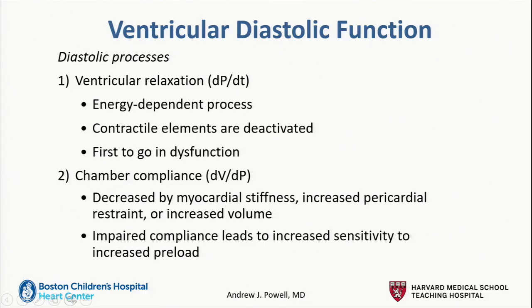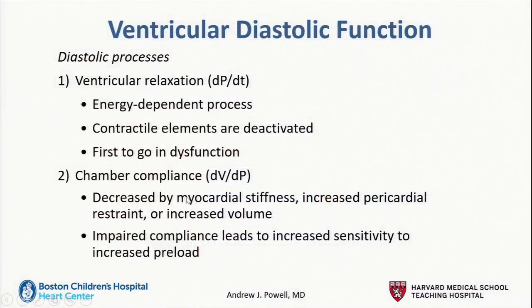The other diastolic process to think about is chamber compliance and how that's related to how flow comes into the ventricle. So here you can think of the chamber, the muscle, as kind of a balloon, and how well it fills, how easy it is to fill, the mechanical properties of that balloon or myocardium. So you get poor chamber compliance or worse chamber compliance when you have myocardial stiffness.